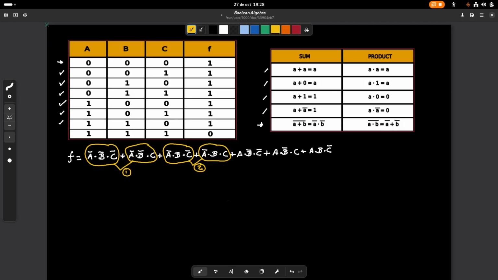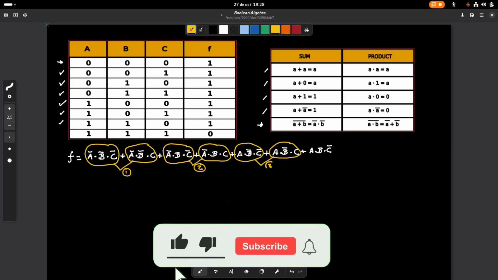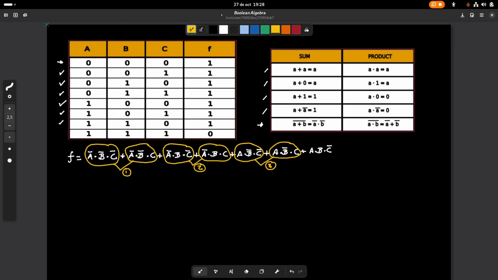And in these terms, this one and this one have A and B negated as common factors. So from here we're going to take those common factors out, and we are going to manipulate the corresponding function by the use of the table on the right.